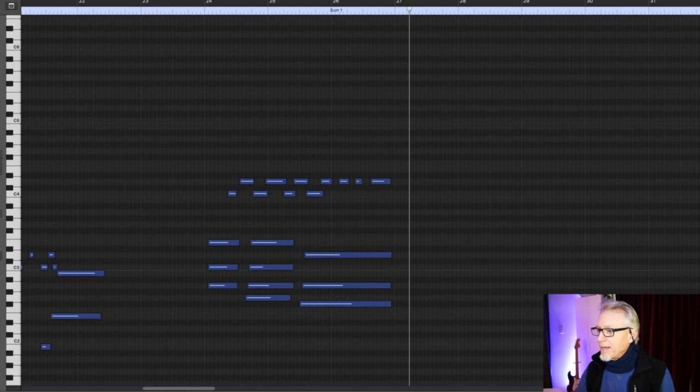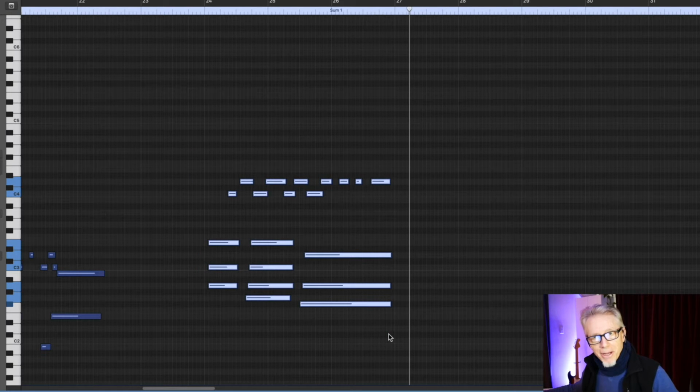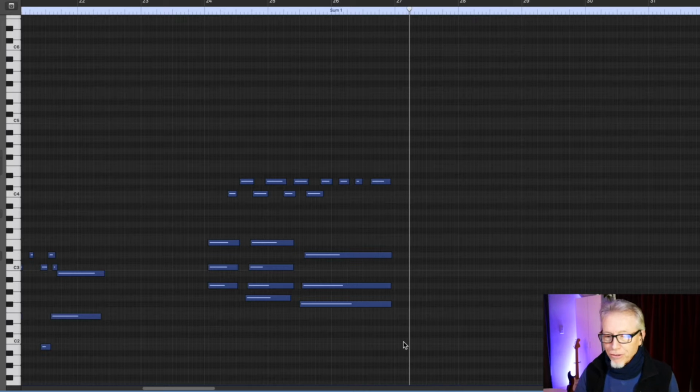That was A minor over G, D over F sharp. So you get this dark motion, right? Fascinating. Well, it goes on, and really it's a repetition, isn't it?